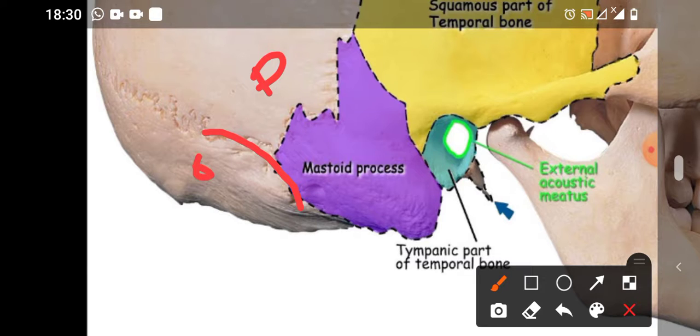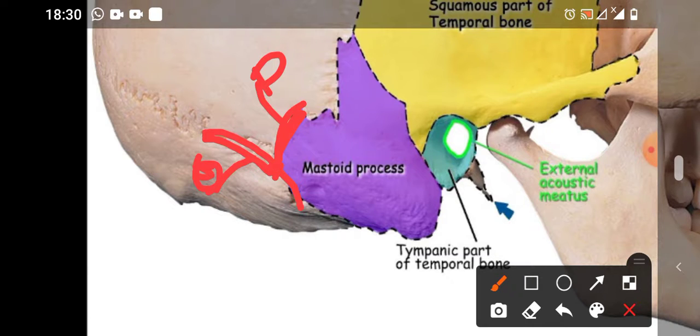So it is articulating with the occipital bone and parietal bone too. This suture is the parietomastoid, and this one is the occipitomastoid. These two sutures are meeting over here.